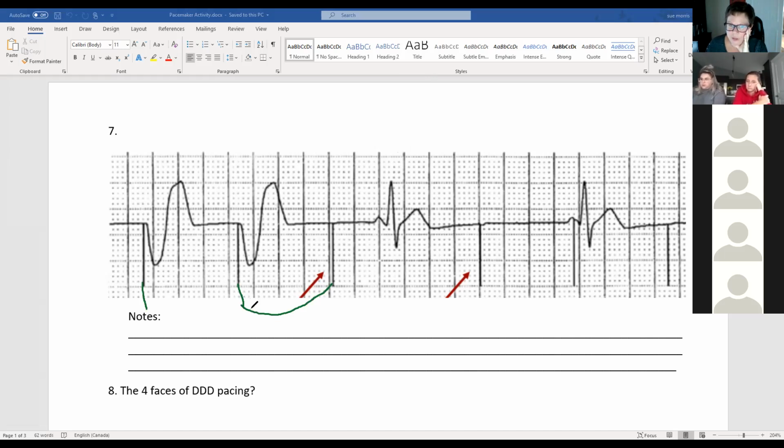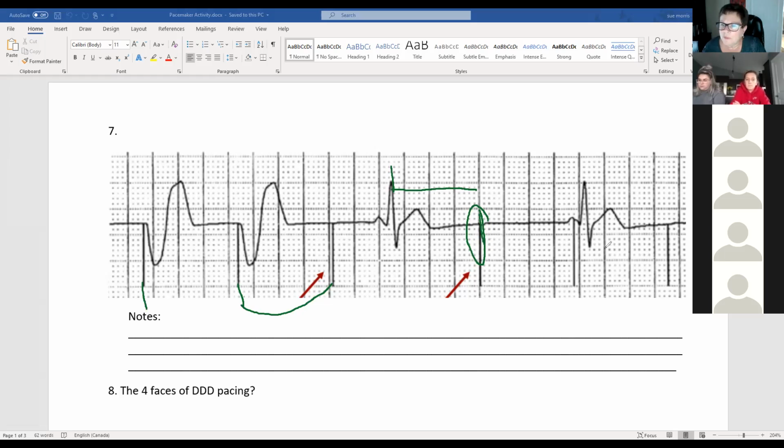Then if you took that same piece of paper and put your first spike here, you would see that this spike happened at the right time. So it sensed this beat and started its timer. Then it said, hey, I'm going to stimulate the heart. It just didn't have enough juice to do that.